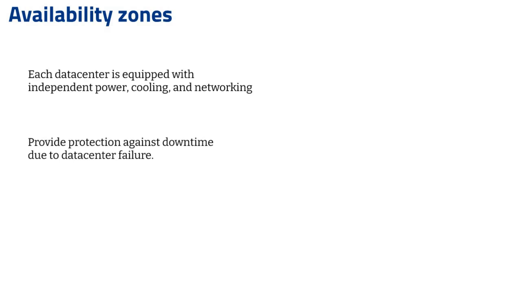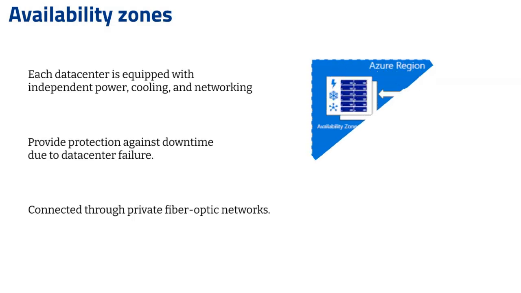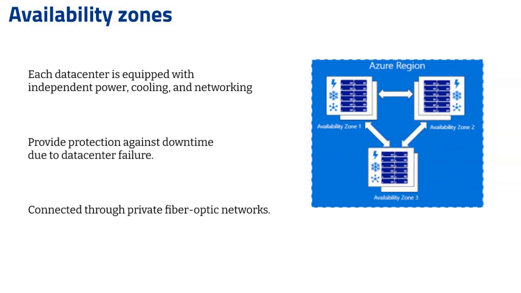If one zone goes down, the other continues working. Availability zones are connected through high-speed fiber optic networks. To ensure resiliency, a minimum of three separate availability zones are present in all availability zone enabled regions. However, not all Azure regions currently support availability zones.